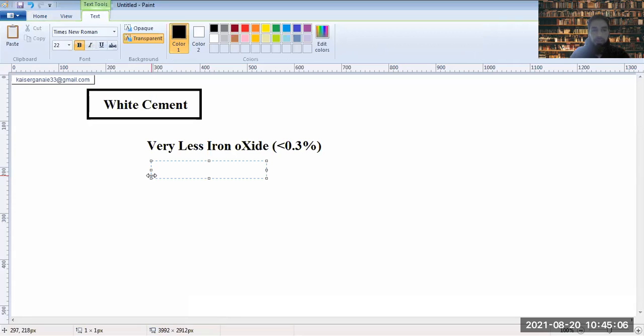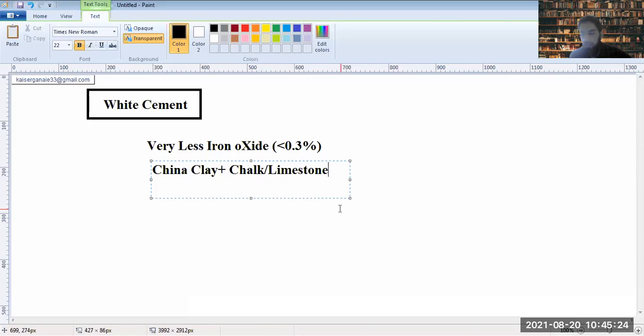But white color does not come from reducing the iron oxide itself. It also comes from adding the china clay or chalk or limestone. So instead of using the brown clay that we are using for manufacturing the other cement, now china clay is more white in color.